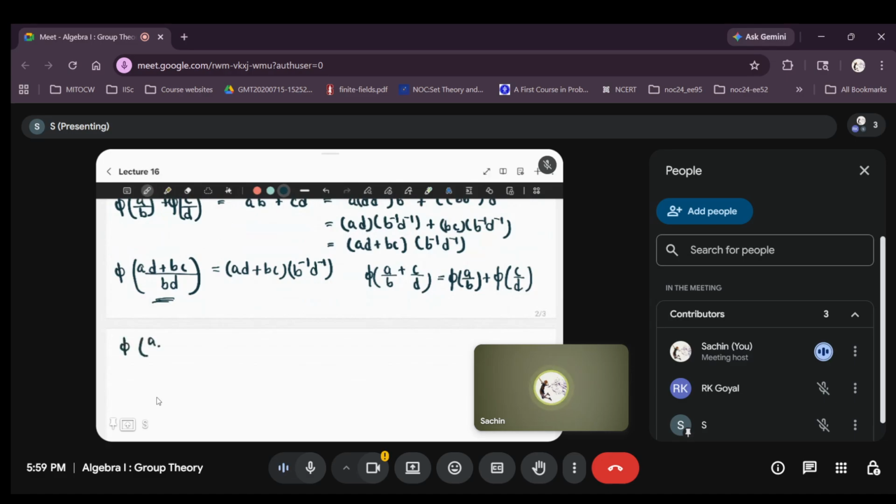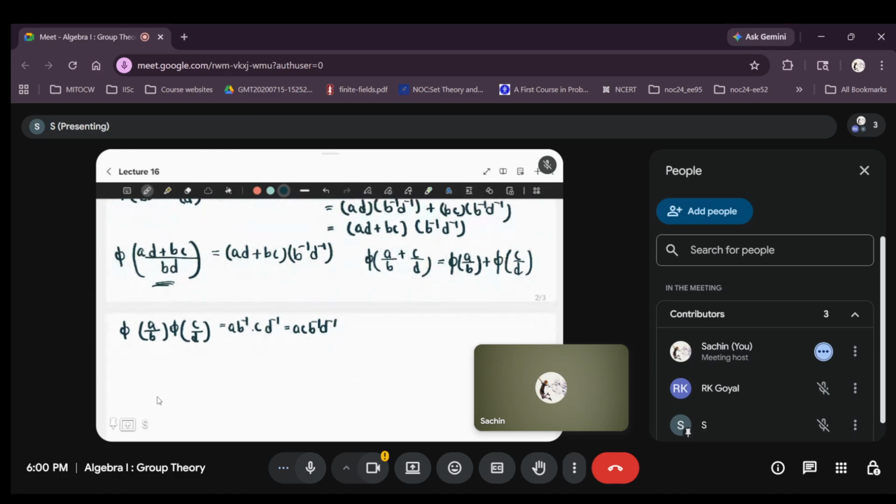phi of A by B into phi of C by D is AB inverse into CD inverse, which is AC into B inverse D inverse. Whereas phi of A by B into C by D is phi of AC by BD, which is AC into BD inverse, which due to commutativity is equal to B inverse D inverse.